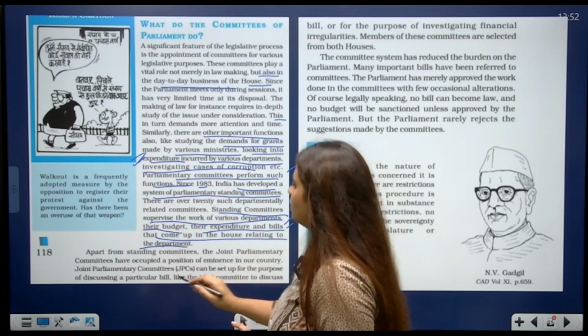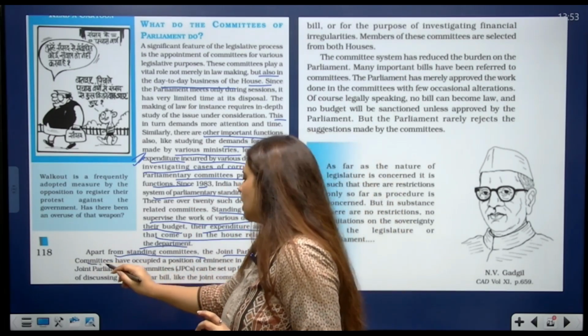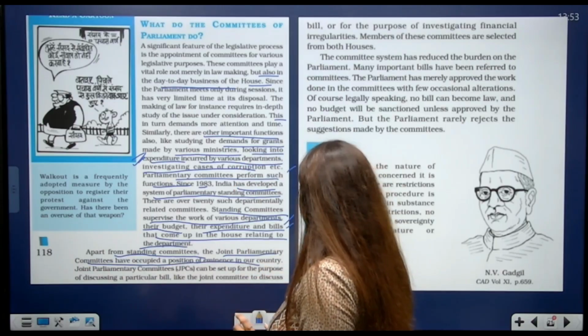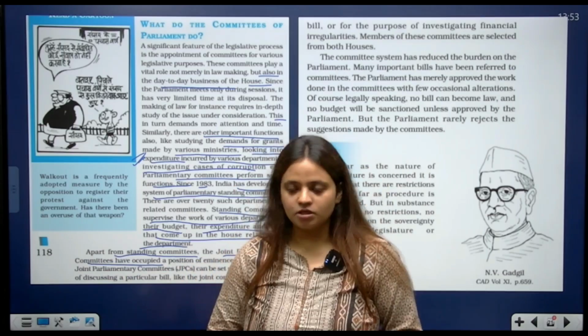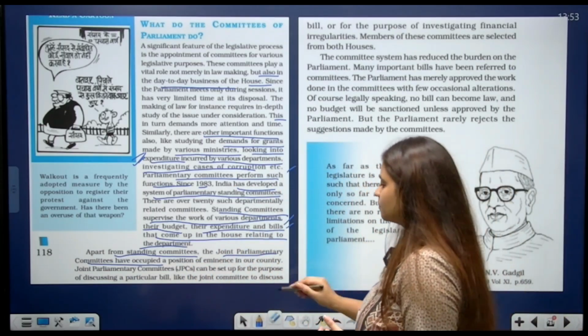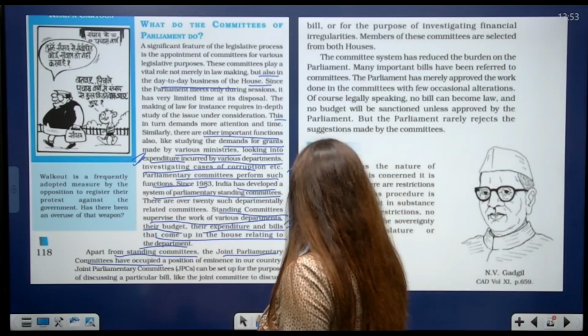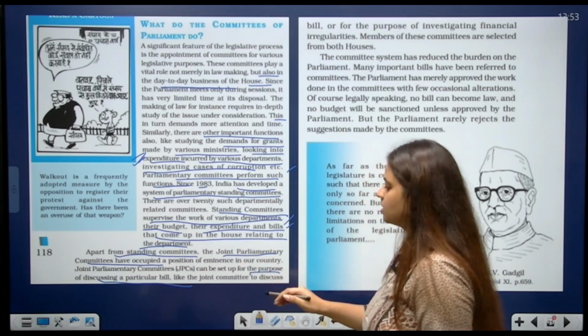Apart from the standing committees, the joint parliamentary committees have occupied a position of eminence in the country. We have joint parliamentary committees also, which have the purpose of discussing a bill.